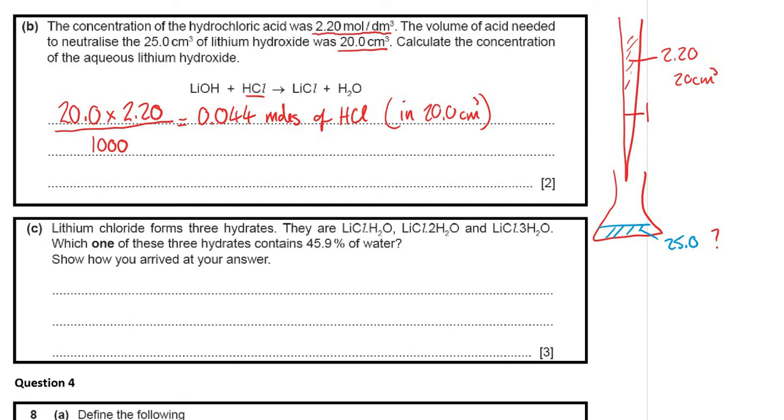So don't forget why we're actually doing these calculations. In that 20 mils that we added to the 25 mils of lithium hydroxide, we added 0.044 moles of HCl.